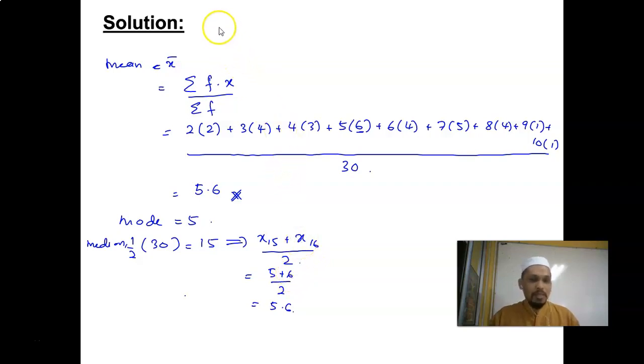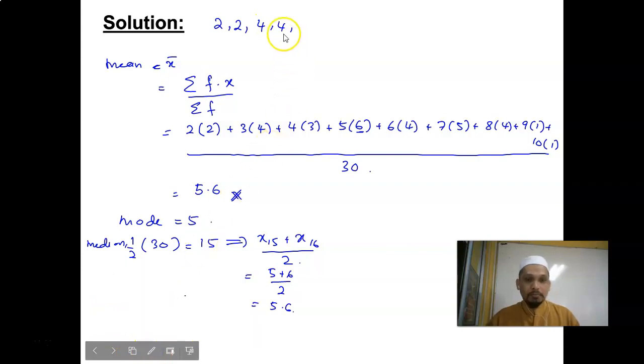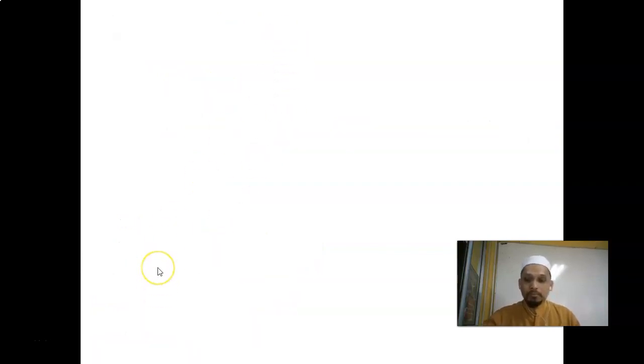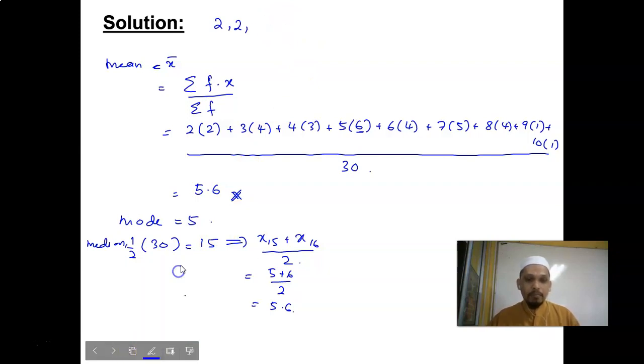From the data again, if I rewrite it all here, the number of students getting 2 marks is 2 of them. Getting 3 marks, 4 of them.